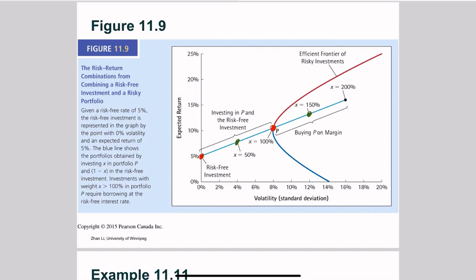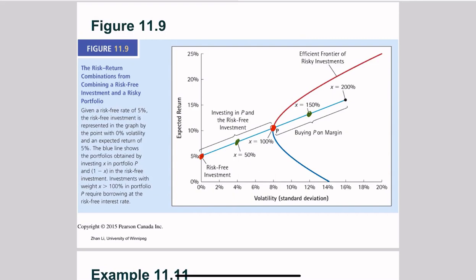It basically means that you're putting a portfolio weight of 150% into this risky portfolio P. If you have $100, then you will borrow $50 to buy $150 of risky portfolio P, and you will owe $50 of debt.